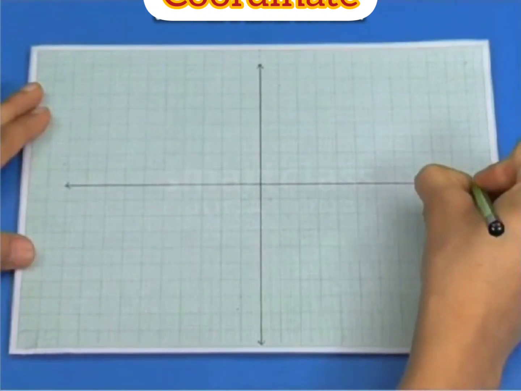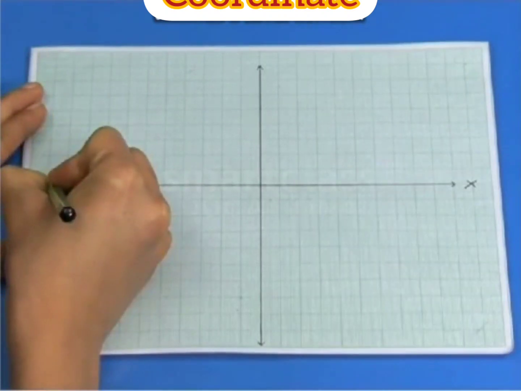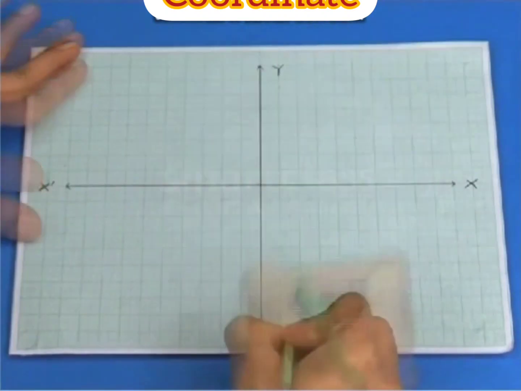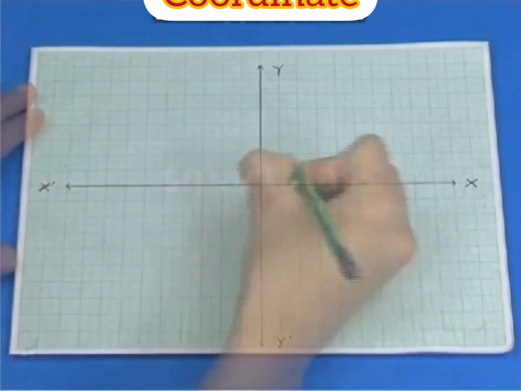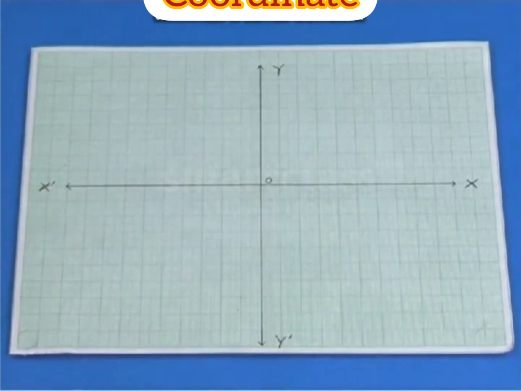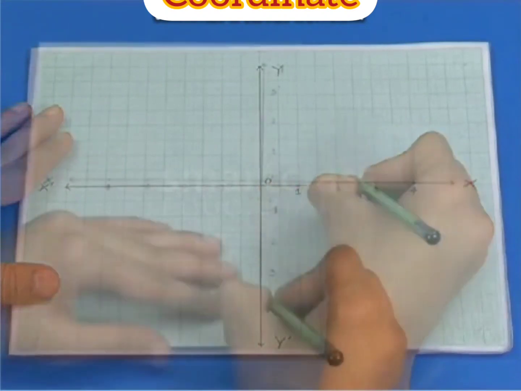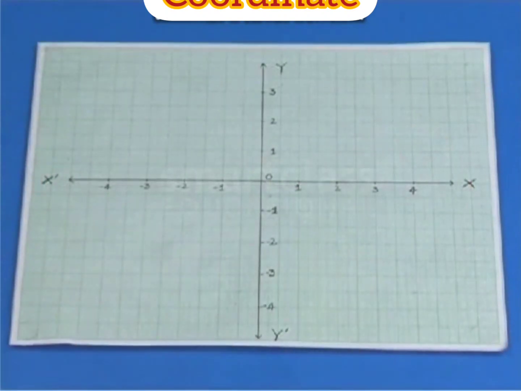The horizontal line represents the x-axis and the vertical line represents the y-axis. Mark the point of intersection as O. Now, mark the positive and negative values on both the axes using a suitable scale.